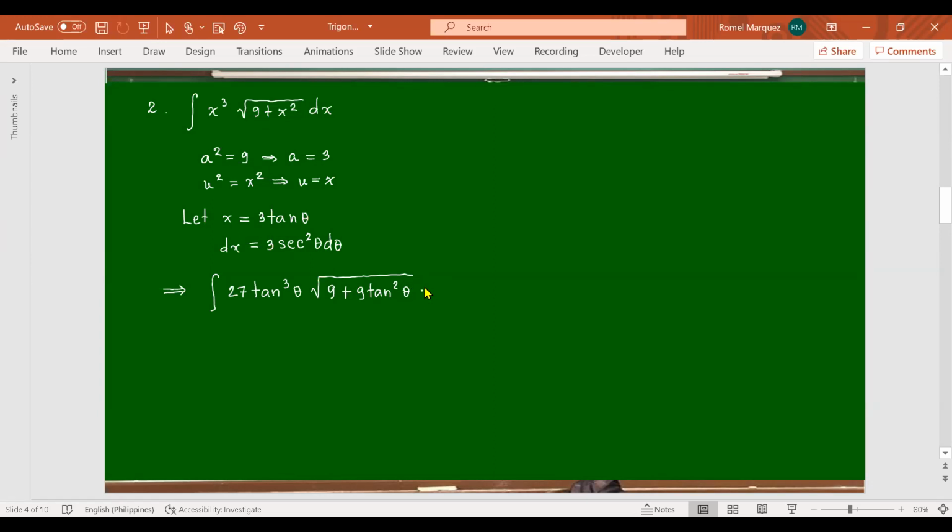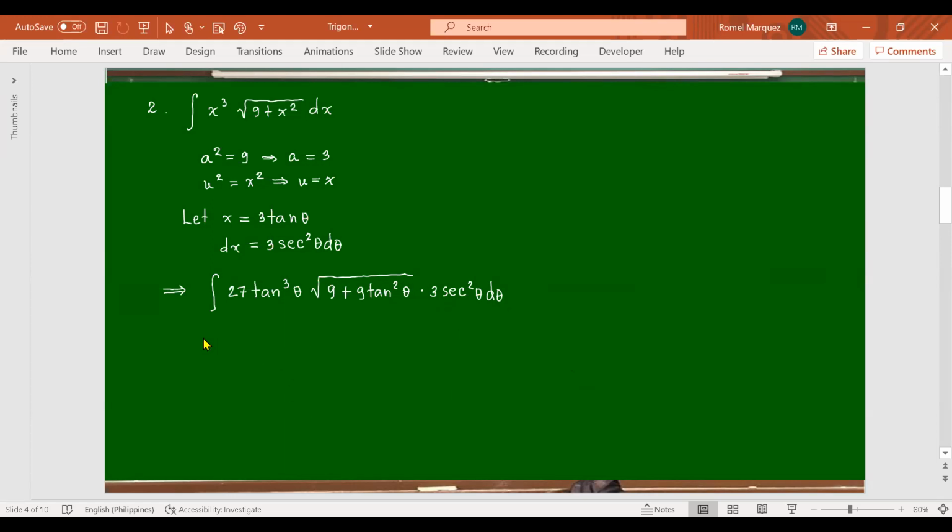So we have dx is equal to 3 secant squared theta d theta. Okay? So let's check if what I am writing is correct.